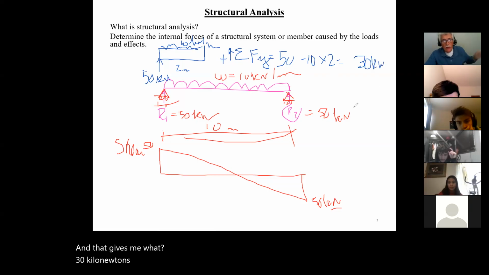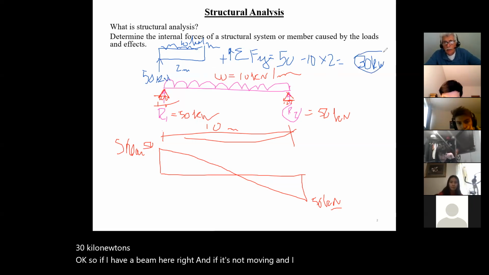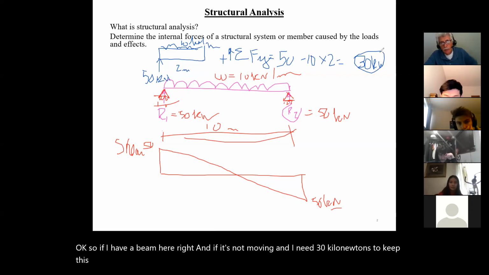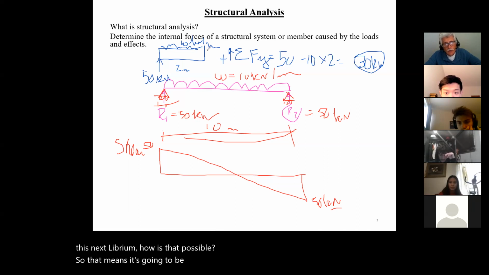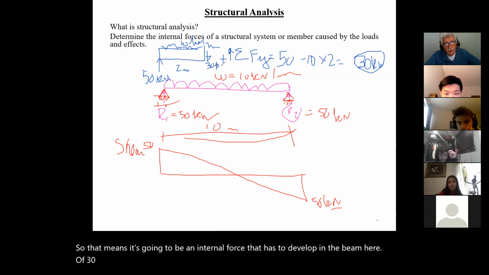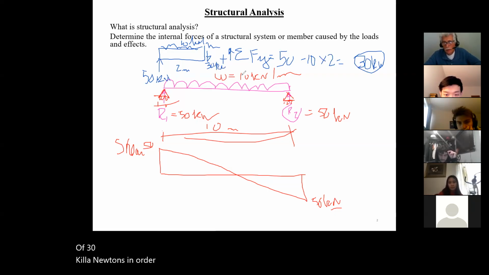So if I have a beam here, and it's not moving, and I need 30 kilonewtons to keep this in equilibrium, how is that possible? That means there's got to be an internal force that has to develop in the beam here of 30 kilonewtons in order to keep this whole thing in equilibrium.